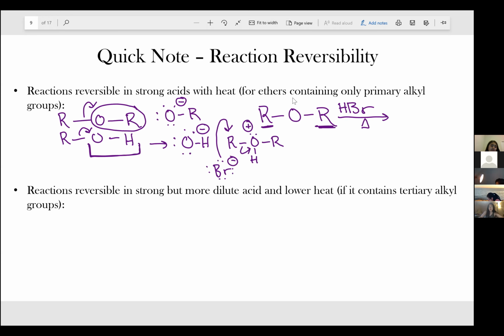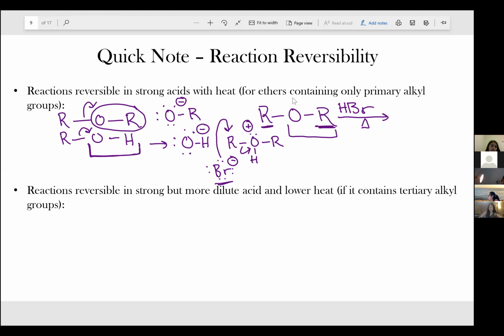And so this is what's going to happen when we have these primary ethers. And the reason why we need such forcing, strong conditions is because first of all, we need to make this OR a better leaving group, so that our Br is a good enough nucleophile to come in and kick off this ROH.